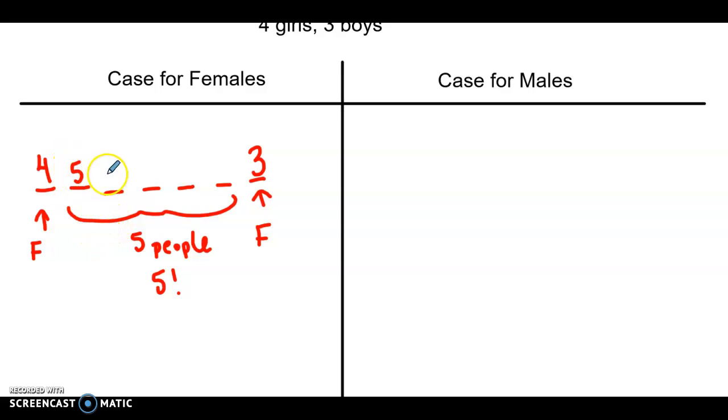Once that person is seated, there are then 4 people remaining that we can choose from for the next position, and so on. And we're going to multiply all of those together. And when we do so, we end up with 1440.